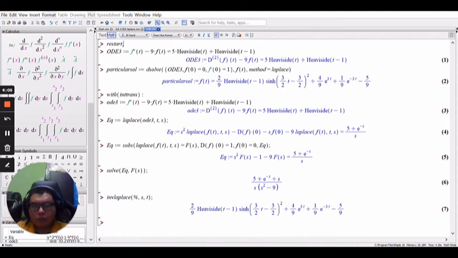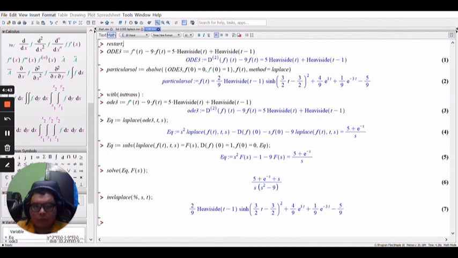Next, we need to subs this Laplace f(t) t s to the form of F(s), and we need to insert the initial conditions. So we use this command, eq equals subs Laplace f(t) t s, we change into F(s), and we insert the initial conditions df0 equals 1 and f0 equals 0, for equation 1.